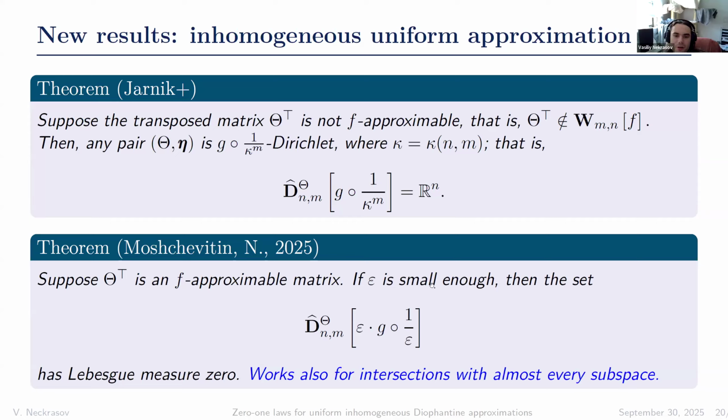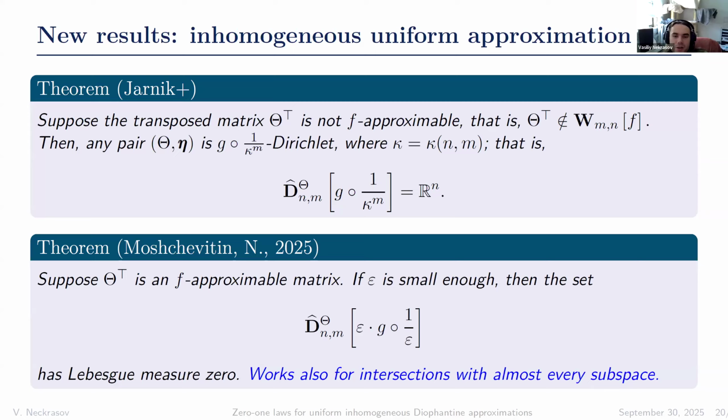Okay, so this result can be treated as an analog of the Dirichlet theorem for this twisted or fixed matrix setup. Particularly, if we know that matrix theta transposed is not f approximable with some f, and g and f are related, as I showed on the previous slide, we know that all the pairs with a fixed matrix theta are Dirichlet or uniformly approximable with almost this function g.